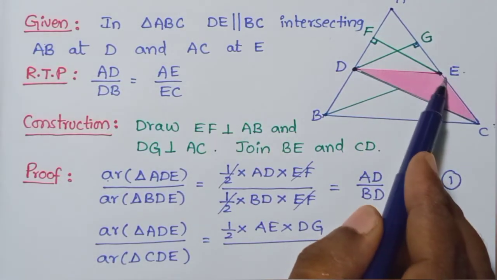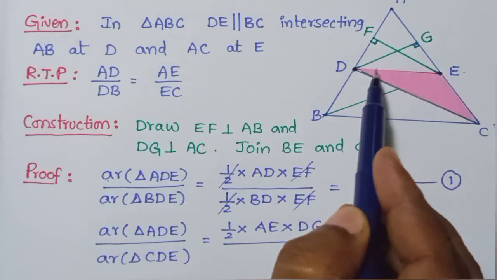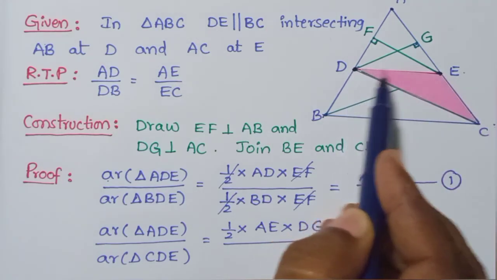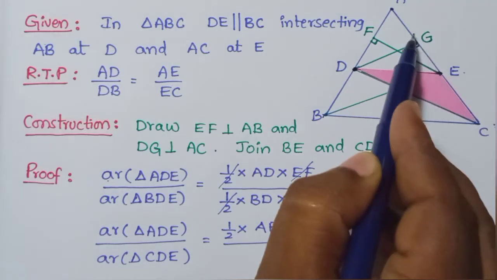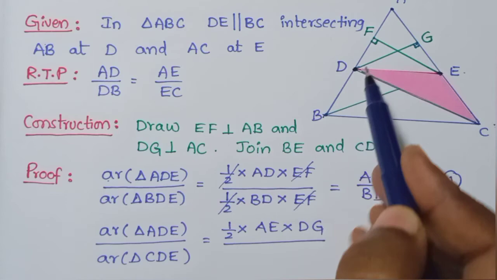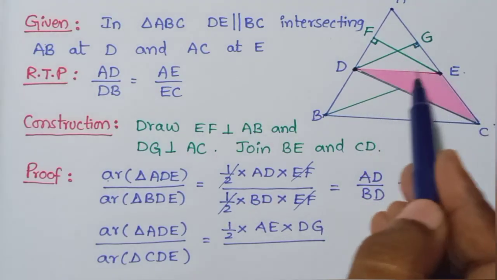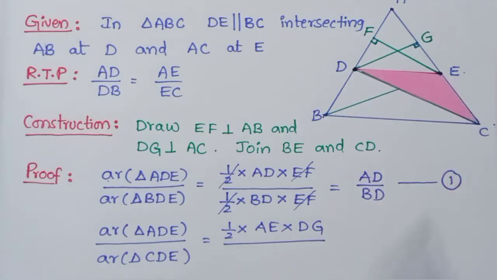If you consider EC as base, the height from the vertex D to the side EC will fall outside of the triangle, like in the previous case. So DG will be considered as the height of the triangle CDE also.